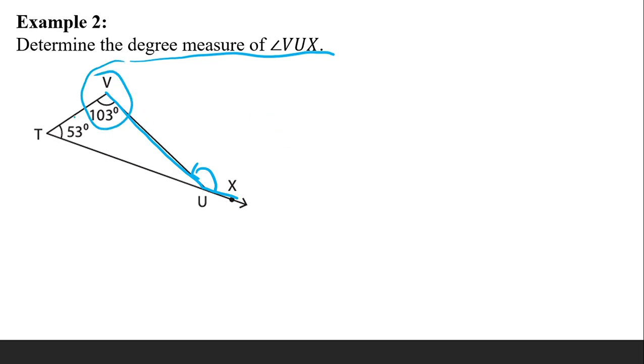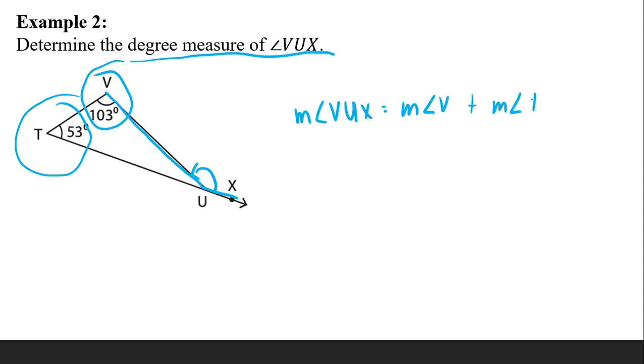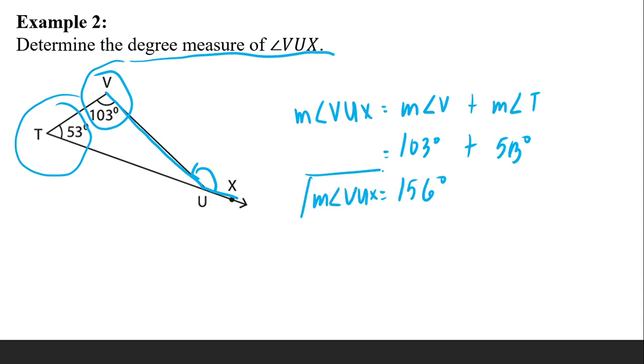Angle V and angle T. So measure of angle VUX is equal to the degree measure of angle V plus measure of angle T. Substitute the given: measure of angle V is 103 degrees plus 53 degrees. Then you will get 156 degrees. So measure of angle VUX is 156 degrees.